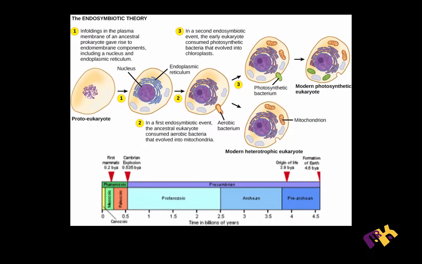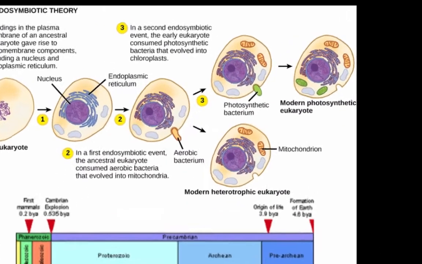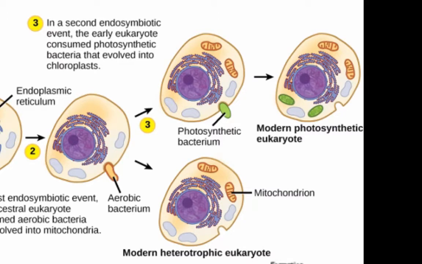The third event and the second endosymbiotic event, meaning that we're bringing a bacteria into the cell and it becomes part of the cell later on as an organelle, would be the photosynthetic bacteria. So another bacteria, so we already have eukaryotic cells with mitochondria. Then we have some that bring into themselves ones that can actually photosynthesize.